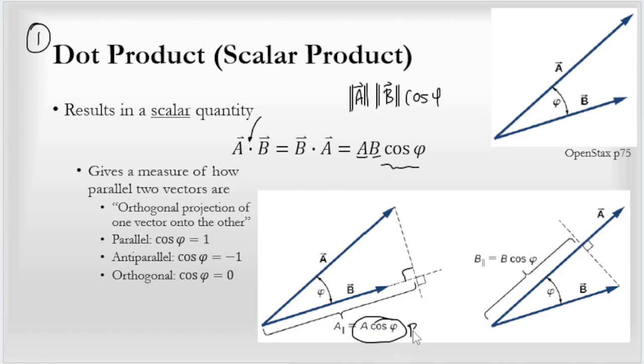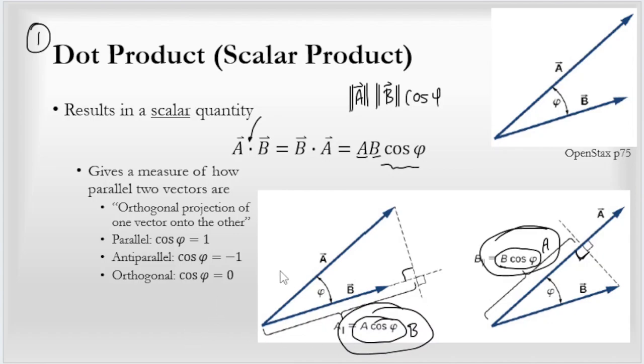Then I multiply by B, and I get A dotted into B. Conversely, if I project B orthogonally onto A, there's a right angle right there. Orthogonal means perpendicular. So this is B cosine phi, and to find the dot product, I multiply by A. You can see that this term is the same whether I project one vector onto the other or the second onto the first.